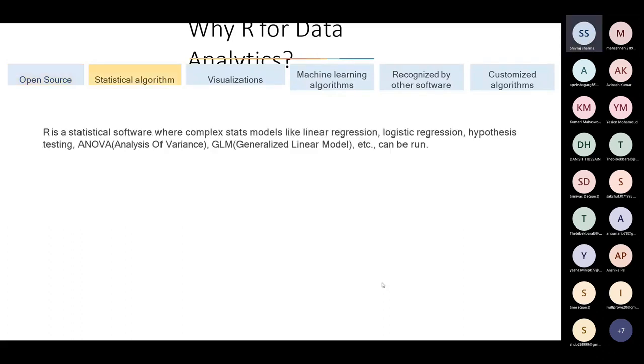Second, R is a statistical software. It means it works on statistics, where complex statistical models are involved.